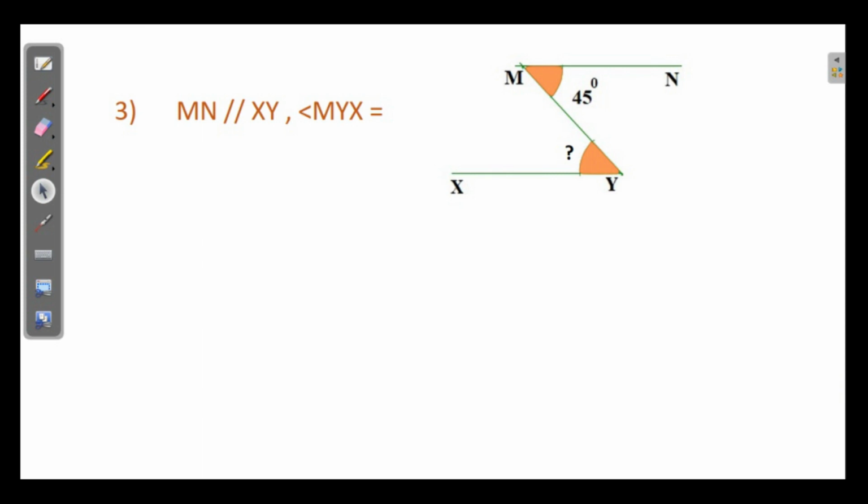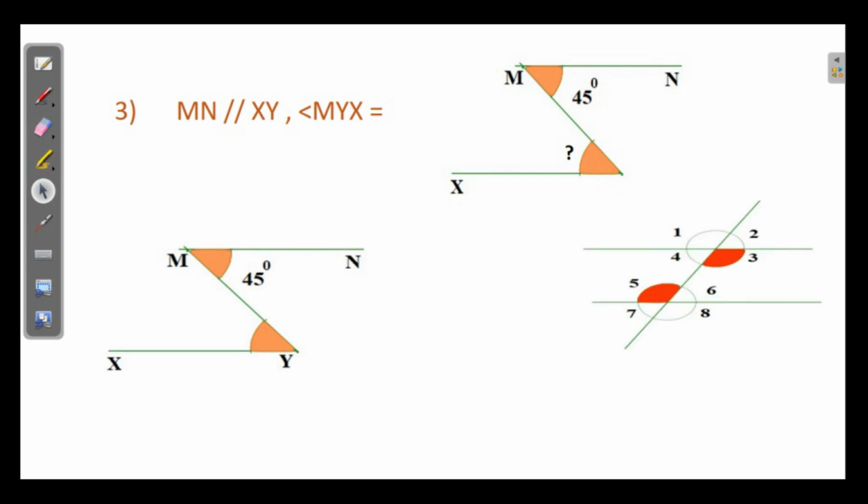And in this question, see, you have seen this figure 1 to 8 angles. What type of angles are these? Interior angles at the other side of the transversal. What is the name?